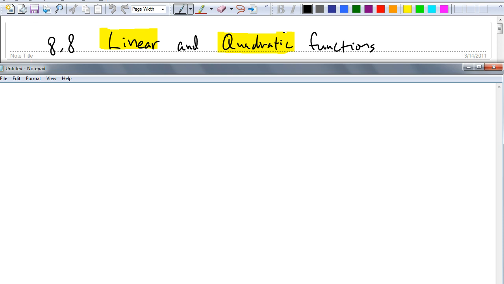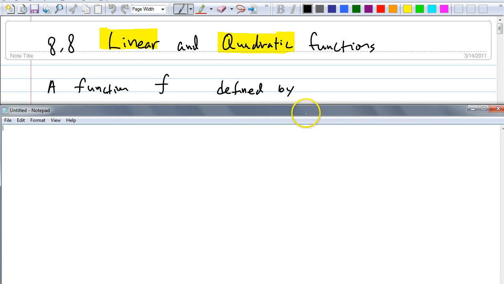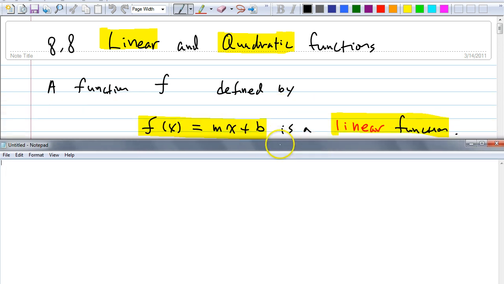Okay? And I think you might have seen this before. But first of all, let me tell you this. Last time we learned that a function f is defined by f of x equals mx plus b. It's a linear function, right?